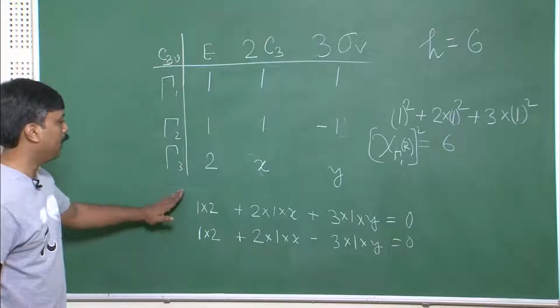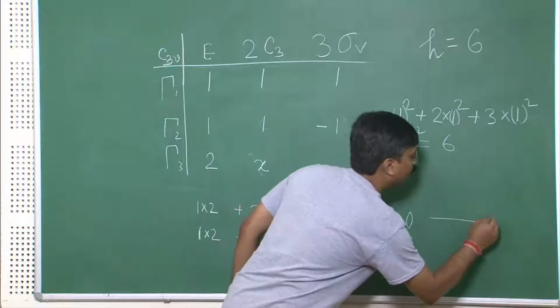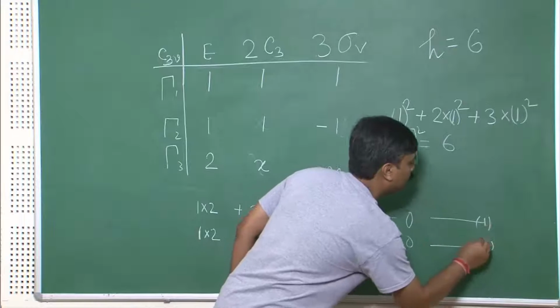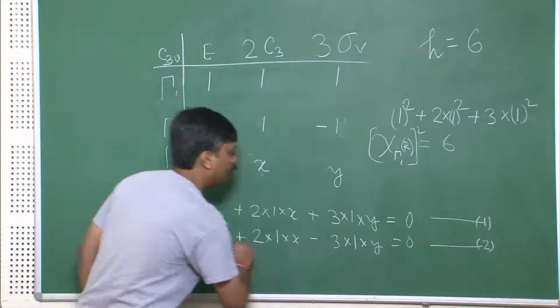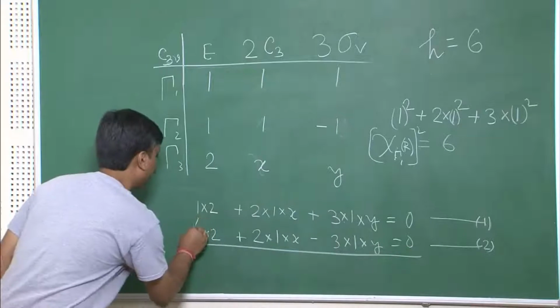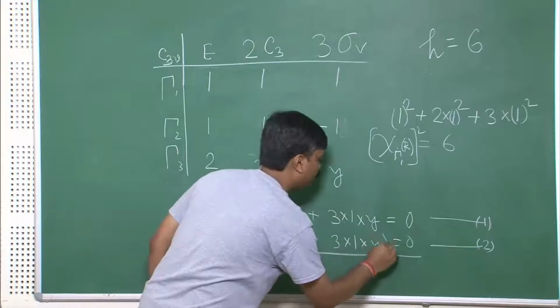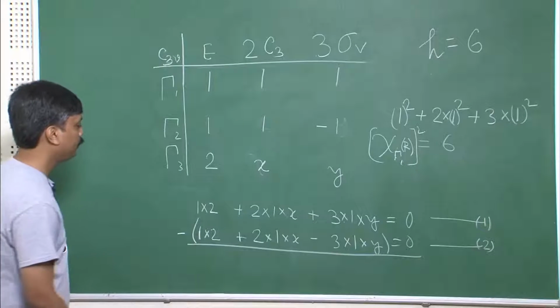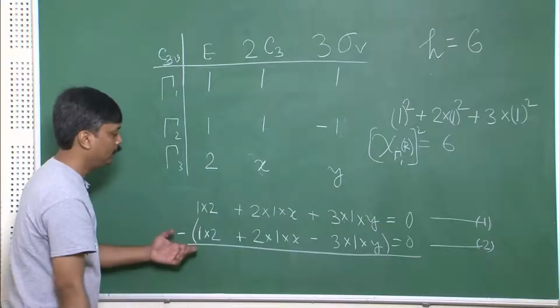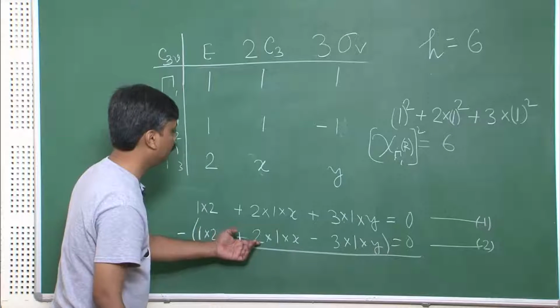Now, say this is my equation 1 and this is my equation 2, and if I subtract 2 from 1, taking the whole minus of this one, then what do I get? This 2 gets cancelled, and this one also gets cancelled.